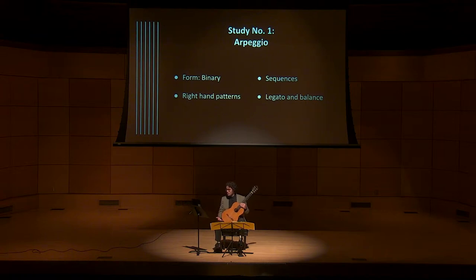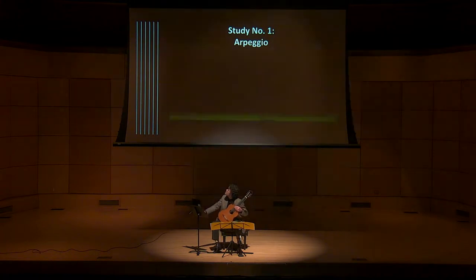This study will work with the arpeggio in a very interesting way, and the approach mentioned before, combined with an understanding of form that we just went through, will be helpful in developing an interpretation of this piece. Okay, now moving on to study number 2.